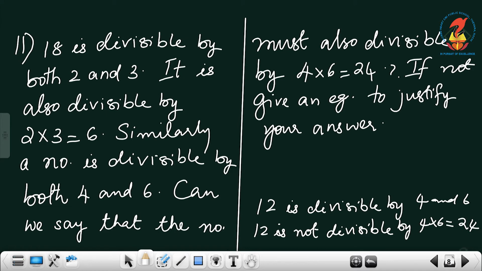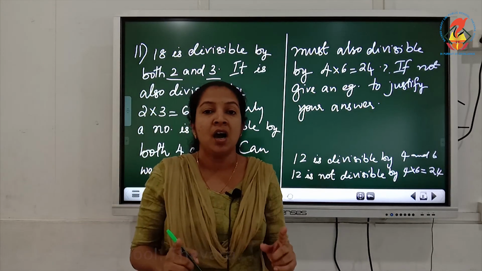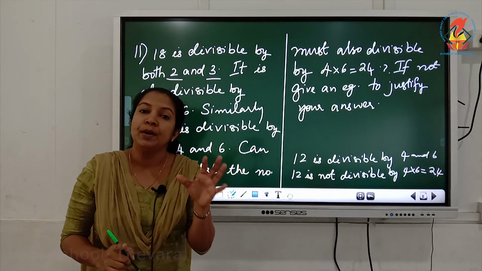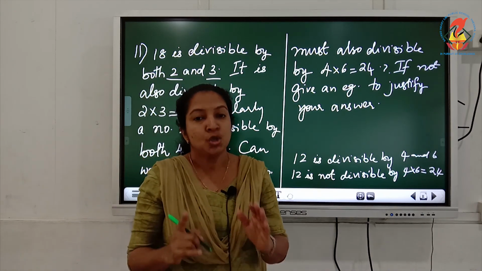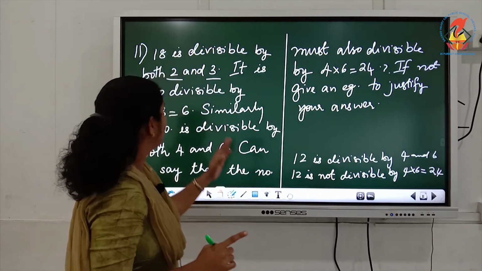Next question, 18 is divisible by both 2 and 3. It is divisible by 6 also. Similarly, a number is divisible by both 4 and 6. Can we say that number must also be divisible by 4 into 6, 24? What is given? 18 is divisible by 2 and 3, where 2 and 3 are co-prime numbers. So, 18 is divisible by 2 into 3, 6 also.